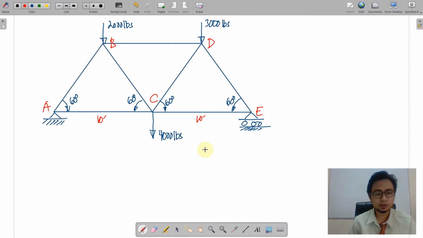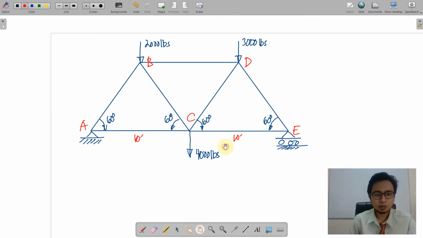Of course, the very first step is to determine the corresponding support reactions, particularly at point A and at point E. So working with the reactions, let us label all the support reactions.